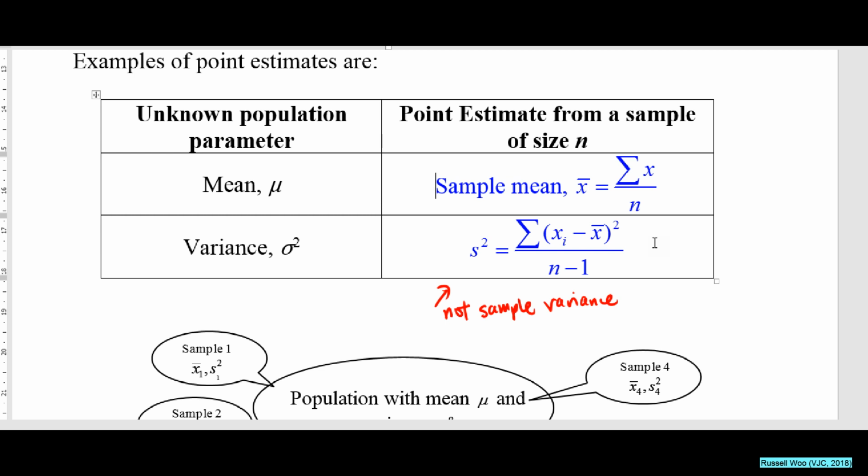The only difference between this and the formula for sample variance is this value n minus 1. Sample variance, if you recall, is summation x minus x bar square over n.